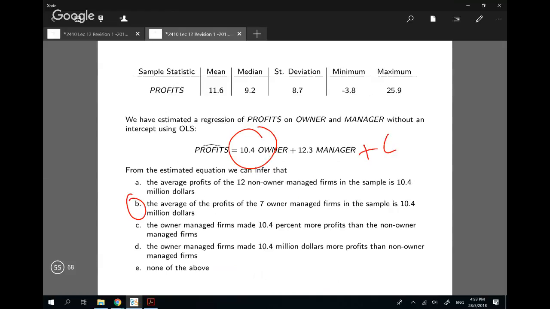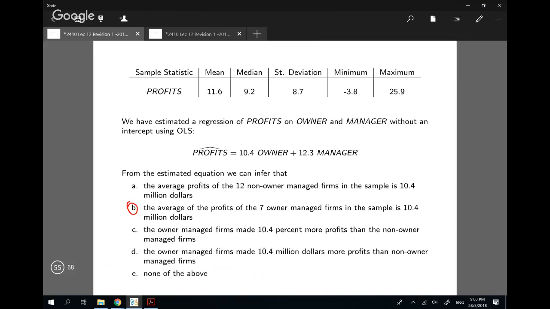If you drop one, let's say manager, or owner, then you put intercept, then the beta would be the difference between owner and manager, right? In this case, it's not the difference, it's the mean itself. Okay. Yeah, so that should be good. All right.